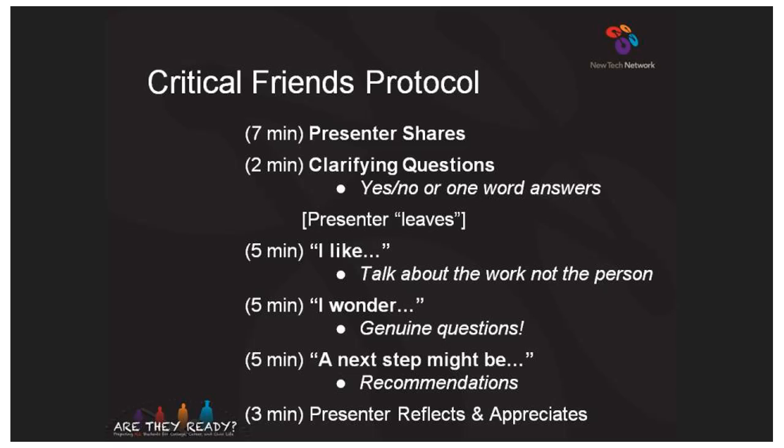They'll have a few minutes to present what the project is. Sometimes they do it as if they're the teacher in the classroom and the faculty are the students. So they'll present it. Then there'll be a time for faculty to ask some brief clarifying questions about the project, yes or no questions. And then on the sheet, it says the presenter leaves.